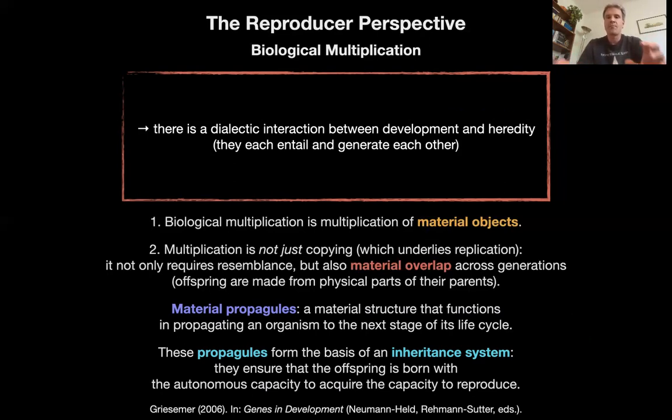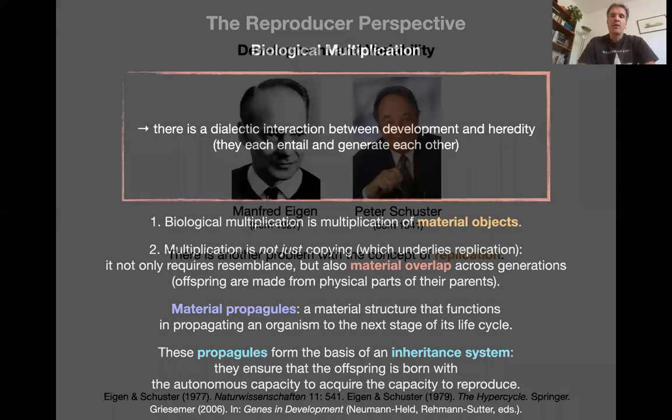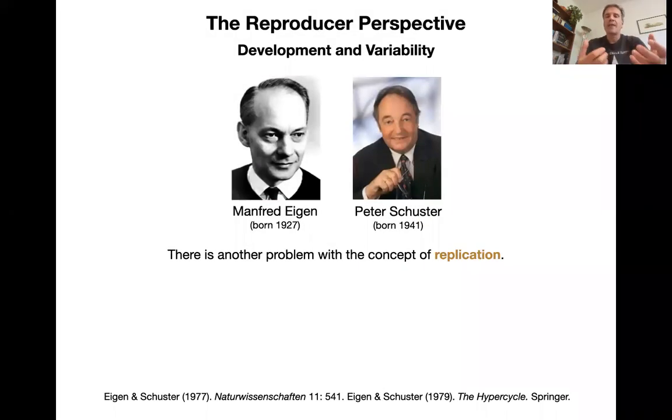What do I mean by this concretely? Let's look at this idea of a naked replicator, the selfish gene in Dawkins' most famous metaphor. The idea is that genes are privileged because they make copies of themselves. And this is completely absurd because there is another problem with the concept of replication, and that has to do with variability.